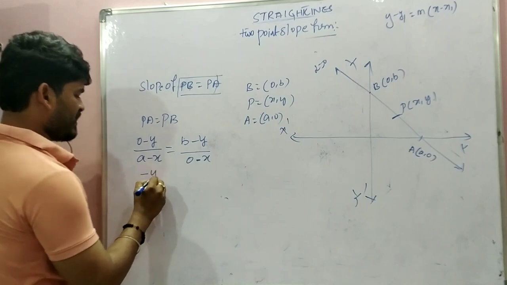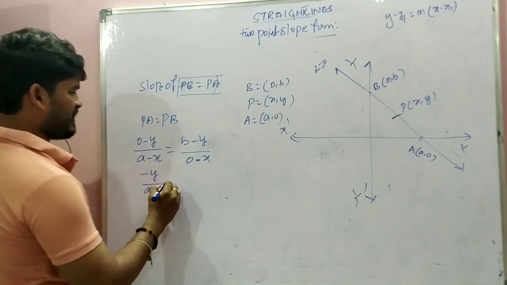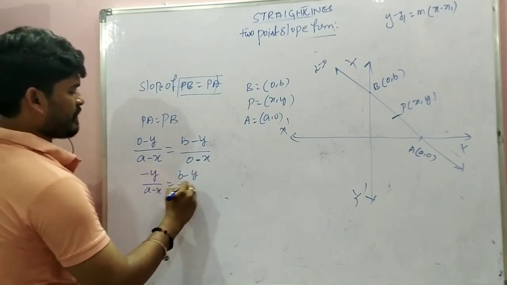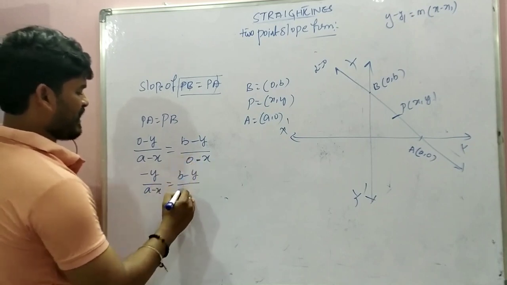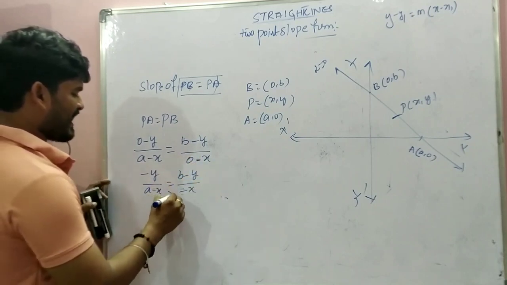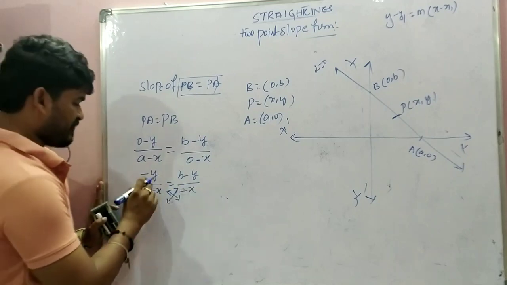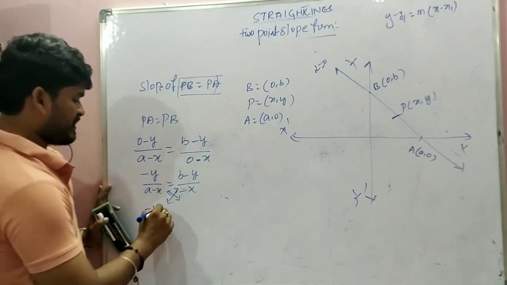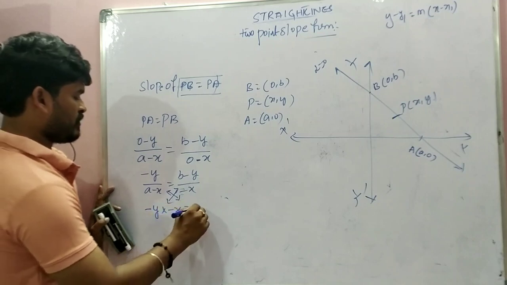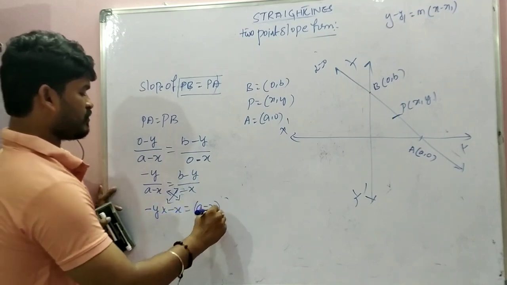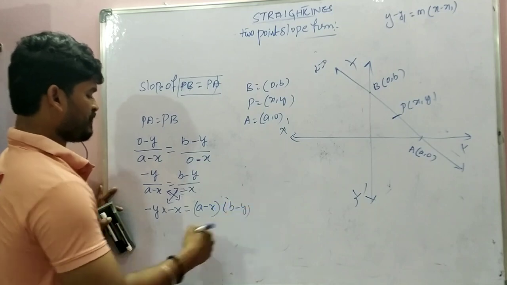Therefore minus y divided by a minus x equals b minus y divided by minus x. So take cross multiplication: minus y into minus x equals (a minus x) into (b minus y).